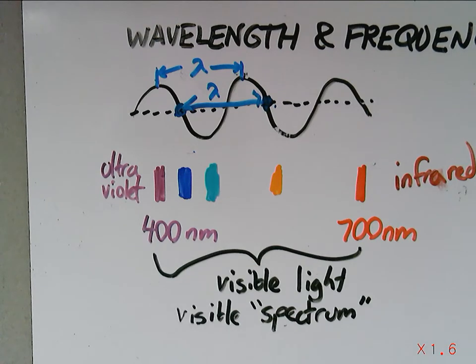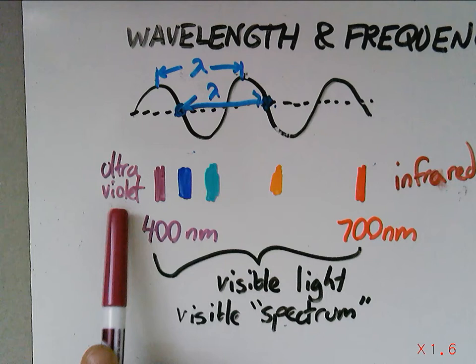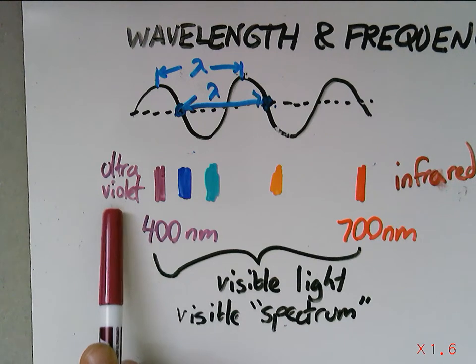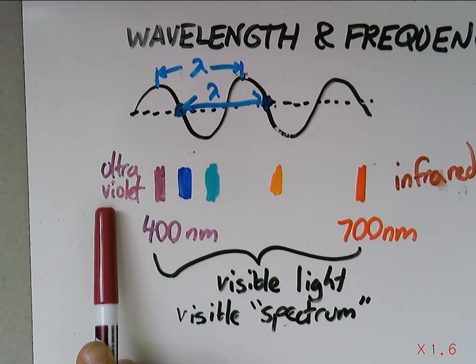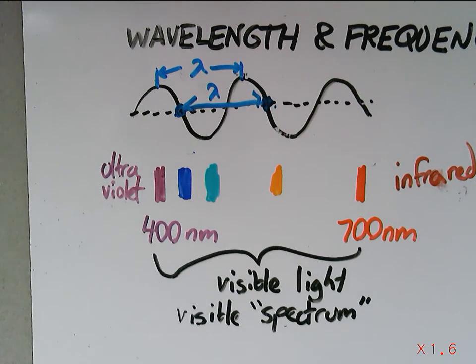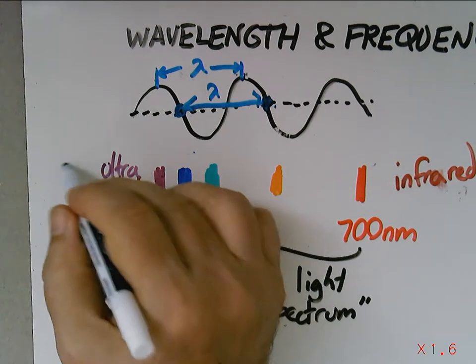And a lot of the colors of flowers are colors that we can't see down in the ultraviolet region. Some flowers look like little targets when you look at them with an ultraviolet light. And that's to guide the insect to the center of the flower. So flowers were made for them, not for us. And if you go to shorter wavelengths than that, you can get down to X-rays.